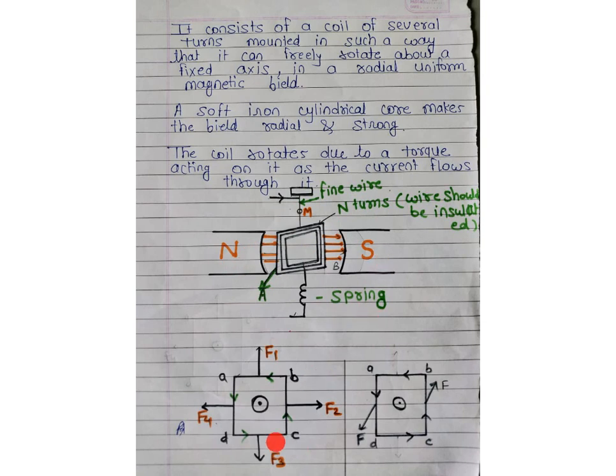If we place the coil like this, then we know that the forces F1 and F3, also F2 and F4, are equal and opposite, and both act along the same line.